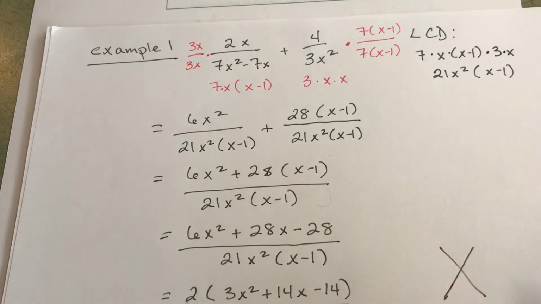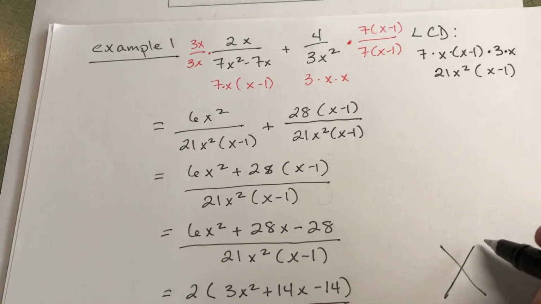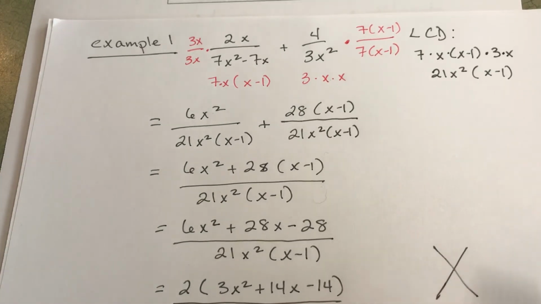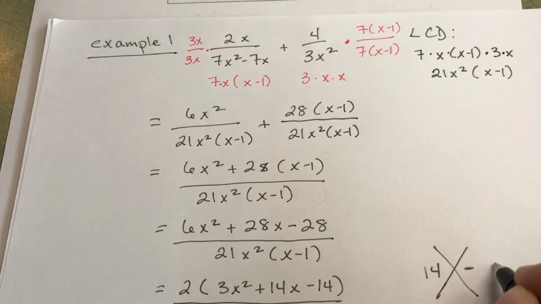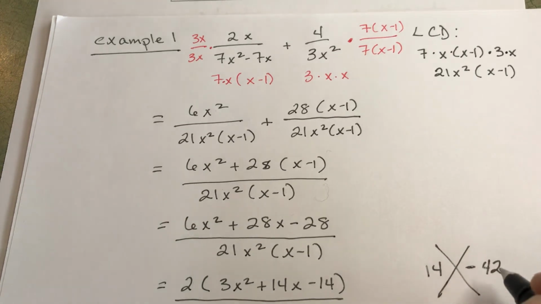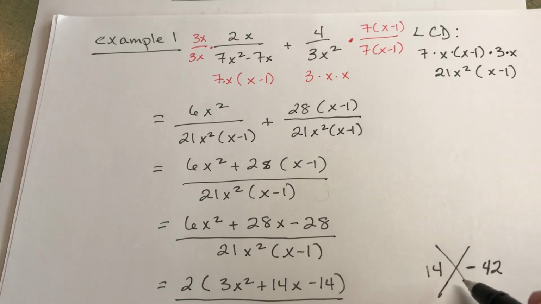I don't know if it's factorable, but I'm going to give it a whirl. So this is positive 14, and this is negative 42. So two numbers that multiply to make 42 and add to make 14.